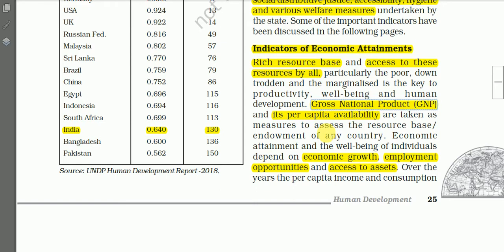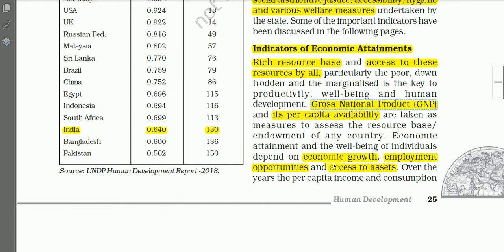Gross national product is the total value of goods produced and the services provided by a country during one year, equal to the gross domestic product plus the net income from foreign investment. That is gross domestic product plus net income from foreign investment, that is the gross national product. So this GNP and its per capita availability is taken as a measure to assess the resource base of a country or a state by the Planning Commission.